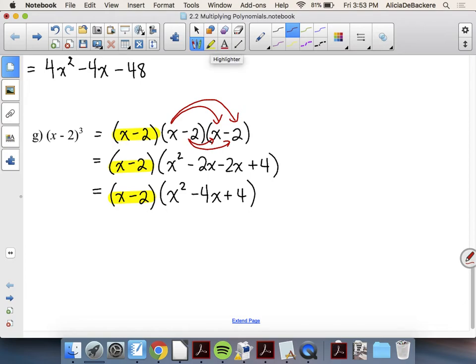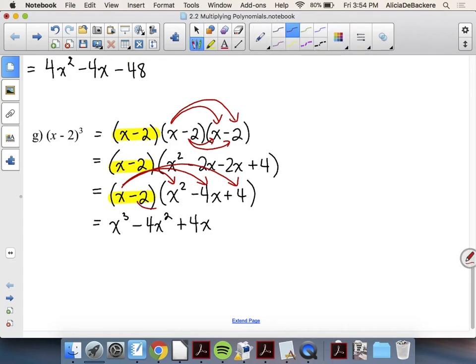So I'm going to take the x, the first term in that bracket, and multiply it by all 3 terms in the second bracket. I get x times x squared, x times negative 4x, and x times 4. Each time I'm multiplying the coefficients together and adding the exponents on x.